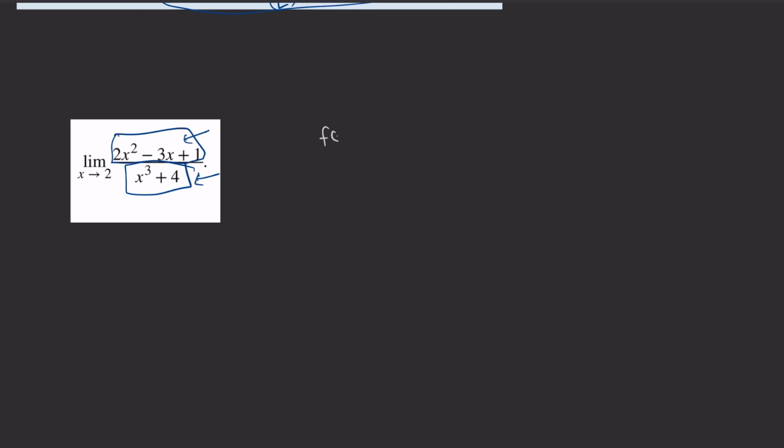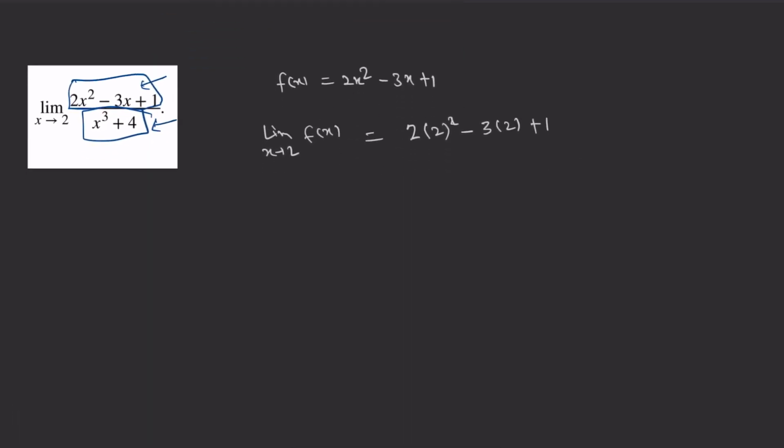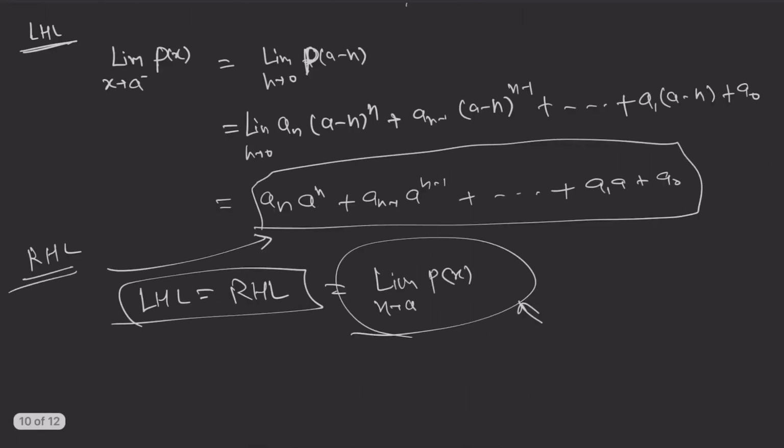I'll consider f(x) equal to 2x square minus 3x plus 1, and find the limit as x tends to 2 of f(x). I just put 2 in the place of x. As you saw before, to find the limit at a, I just put a instead of x.